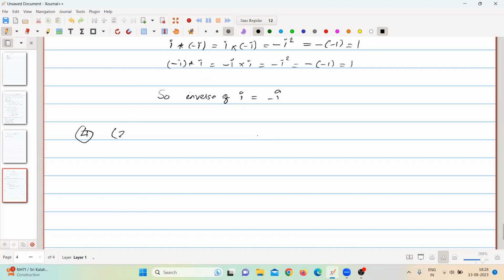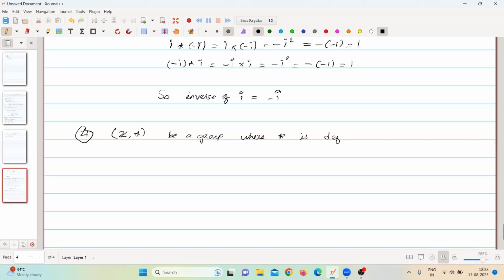Given a group with Z star, where star is defined as... usually we have seen star is defined as either addition or multiplication or something like that. Here, for star, I am giving another definition.